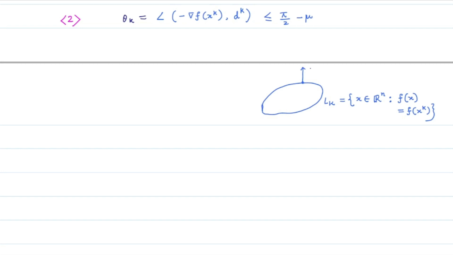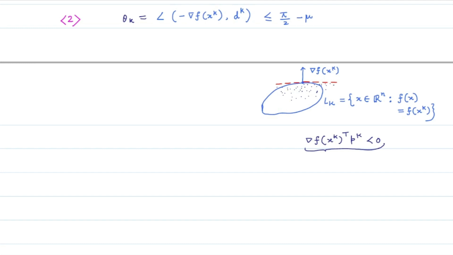That means this gradient vector is perpendicular to the tangent on this level curve at the point xk, and therefore the set of all directions, say pk, that are descent can be identified by those pk's which satisfy the inner product with gradient f(xk) less than 0, and these sets of pk values identify this region, the below side of this tangent, the red line.